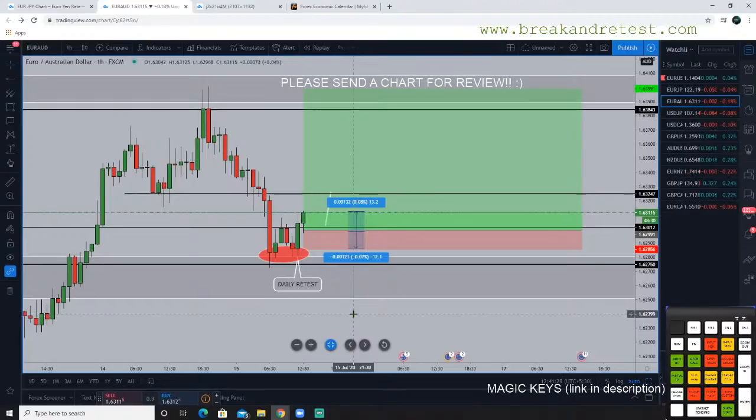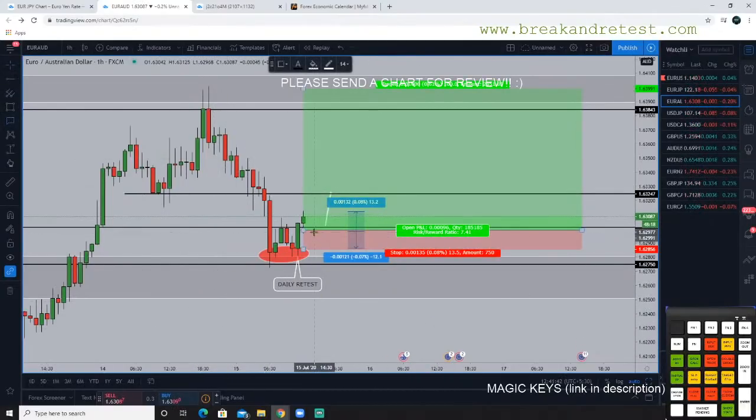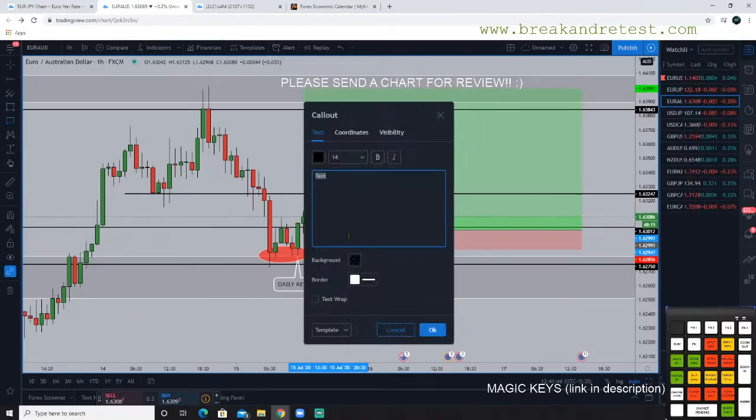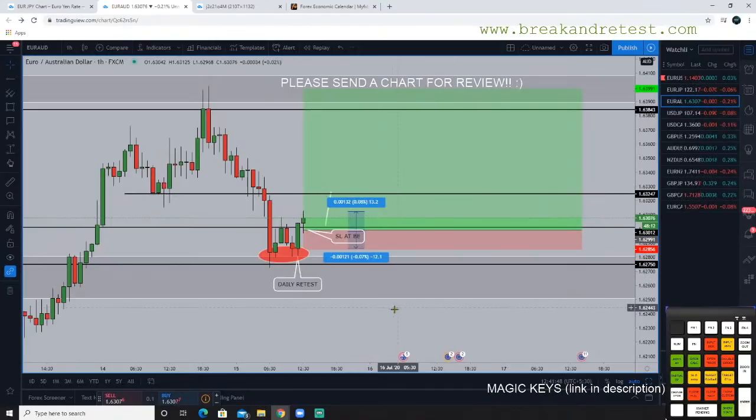Okay, so the first trade was a successful one. I'm gonna move my stop to break even now. It's not about the pips, guys, it's just about the risk you use, because 10 pips, like I said before, can make you a lot of money if you use a bigger risk.